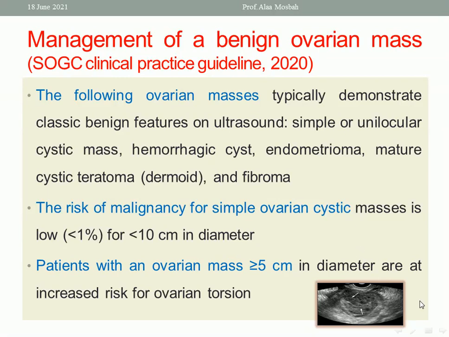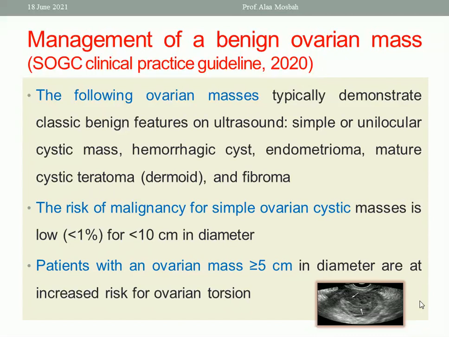The following ovarian masses typically demonstrate classic benign features on ultrasound, as we mentioned before: simple, unilocular, thin-walled cystic masses, also the hemorrhagic corpus luteum cyst, endometrioma, the mature cystic teratoma with its characteristic features, and fibroma.